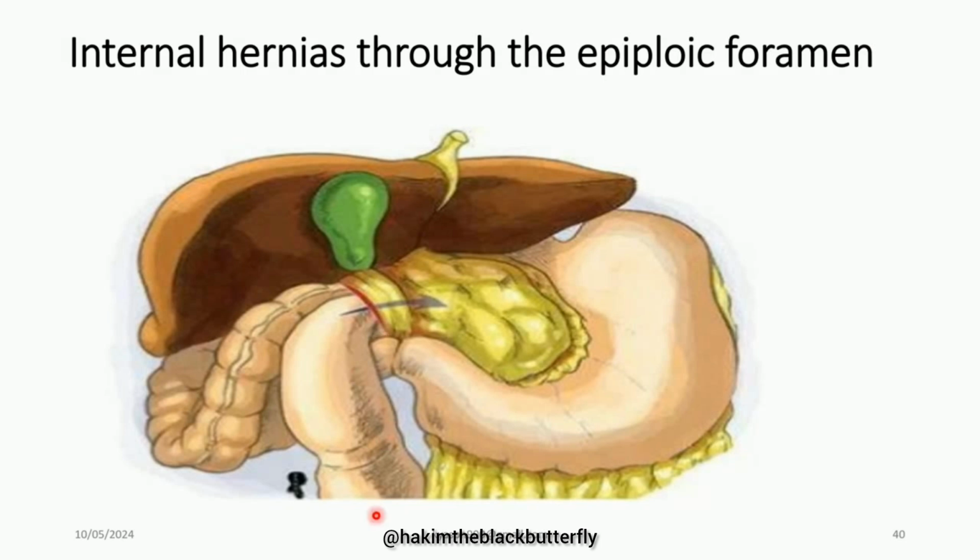You can see they are leaving their normal anatomical location, going through the epiploic foramen to enter into the omental bursa. We call these internal hernias. When you look at the patient, there will be no swelling anywhere on the abdominal wall, but there will be this internal hernia within the abdominal cavity.